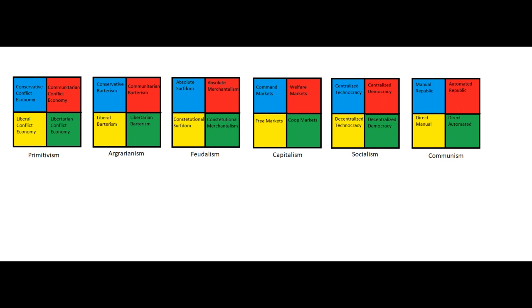Anything on the top means that there is an authority within the village, again like a chieftain, that has absolute power and complete control over how the village functions. Basically top-down control. Then we have the bottom, which is made of liberal barterism and libertarian barterism. That's the exact opposite. Instead, it's just free association.